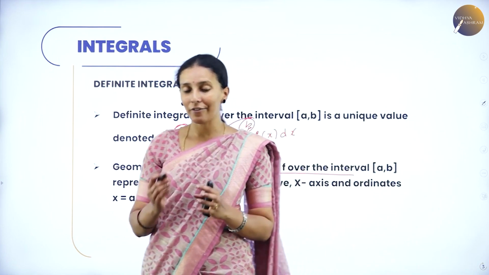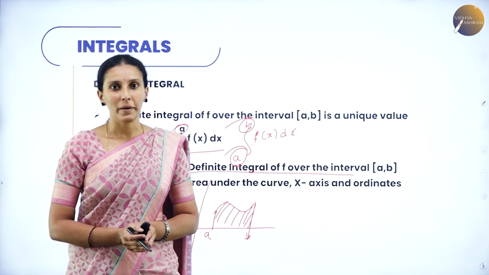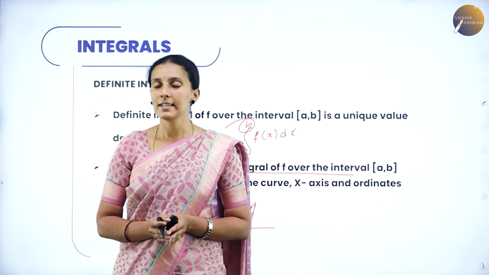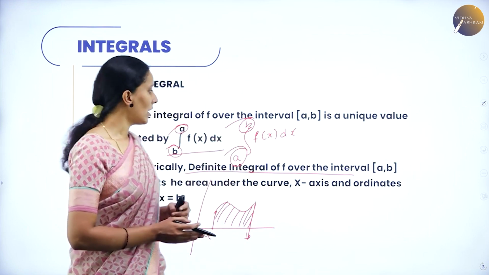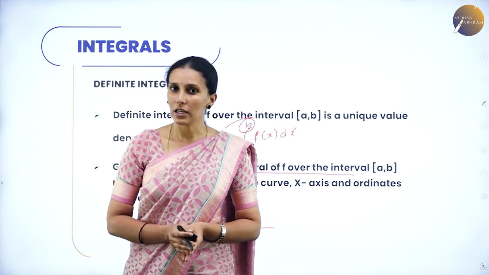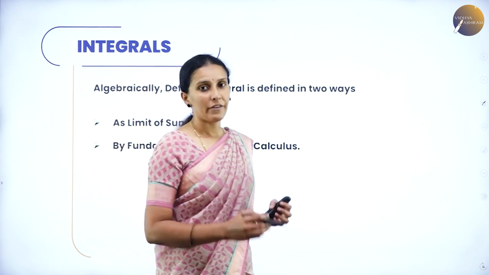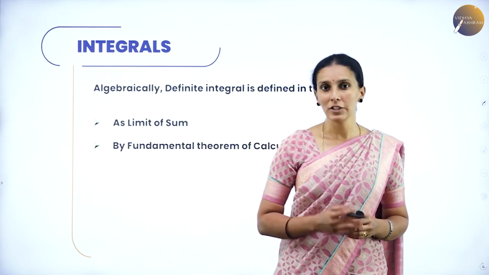So geometrically, the definite integral is the area under the curve with respect to the x-axis and ordinates, and symbolically we denote it as integral from a to b f of x dx, or integral from b to a f of x dx.